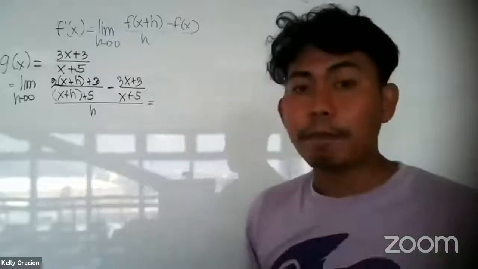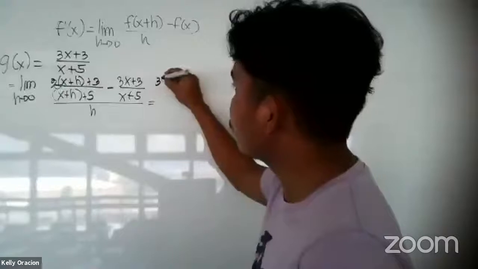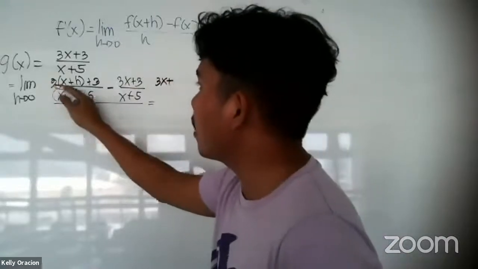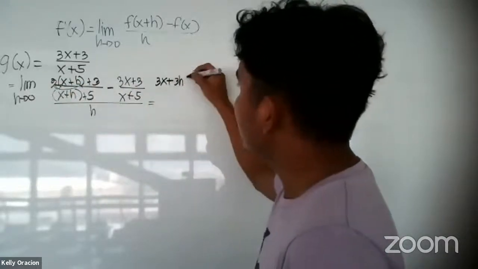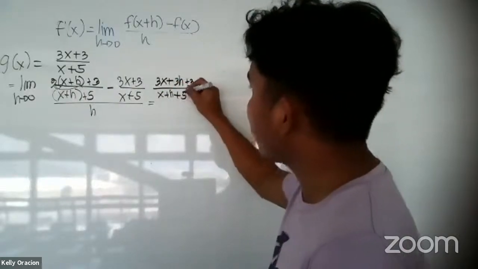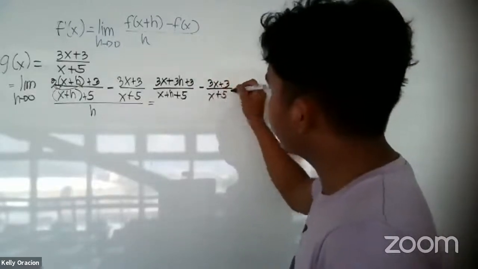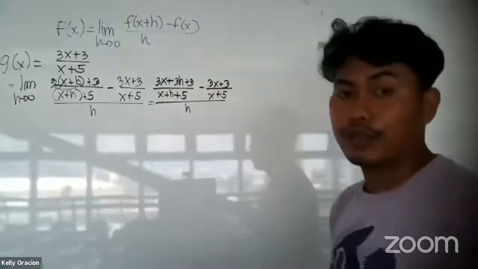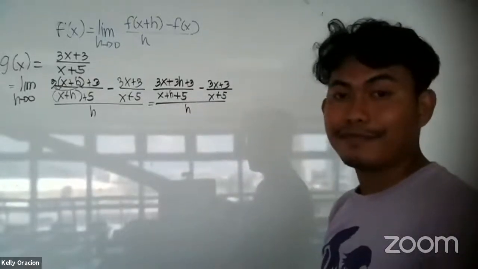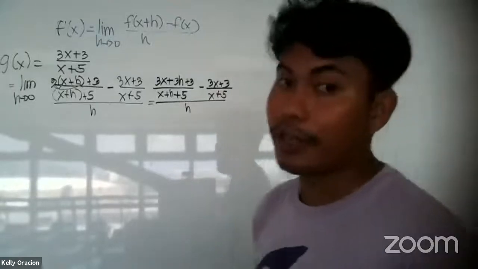So before nyo siya i-simplify, distribute sa ni 3 times x, that's 3x, then plus 3h, then plus 3 over x plus h plus 5 minus 3x plus 3 over x plus 5 over h. So after this one, you can perform yung butterfly method. So multiply.